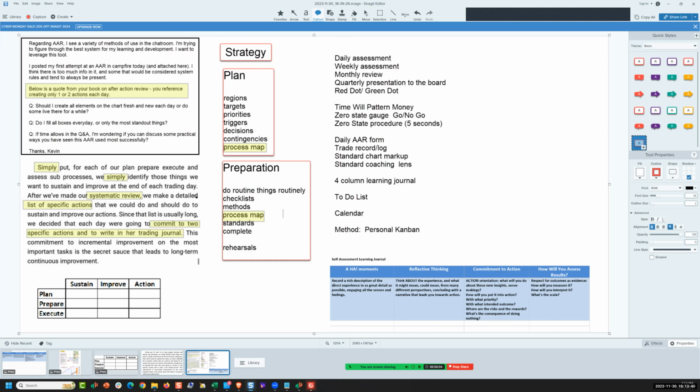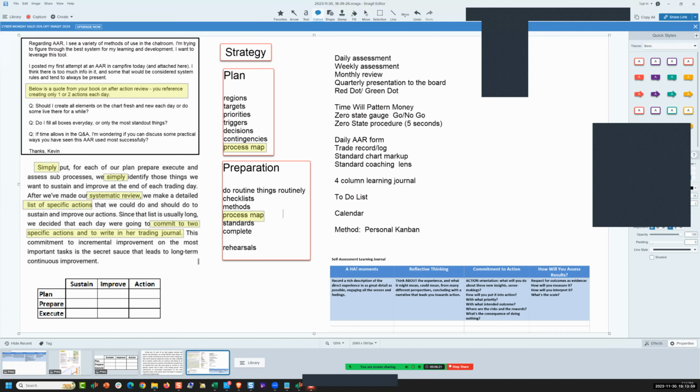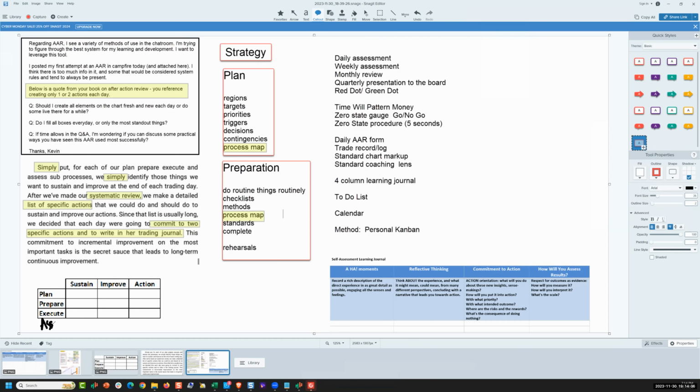So the quote from the book was, simply put, for each of our plan, prepare, execute, and assess sub-processes, we simply identify those things we want to sustain and improve at the end of each trading day. Okay, so what that means is that our top level process should have been plan, prepare, execute, and assess.